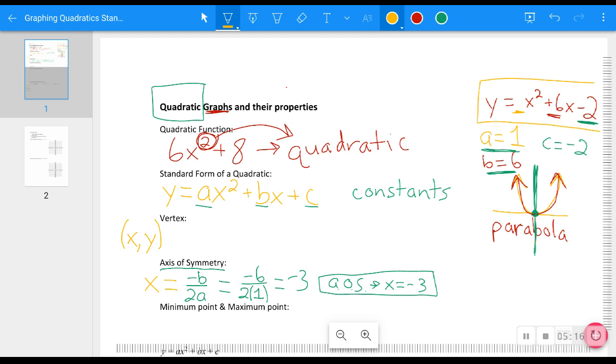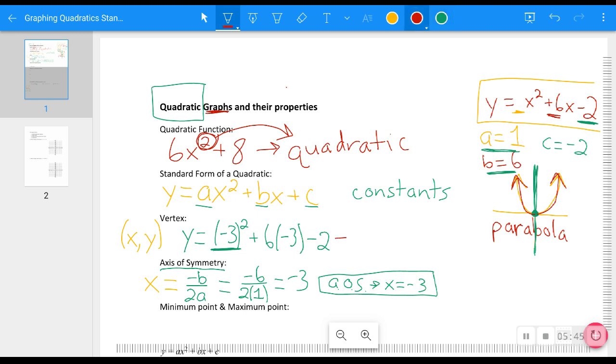So what we do with that x value is we plug it back into our original equation in order to find the y. So we have y equals, and we have (-3) squared plus 6 times -3 minus 2. So we have to make sure, especially this first -3 is in parentheses, because that negative is also getting squared, which is very important.